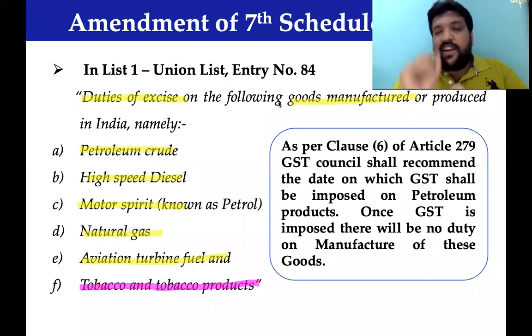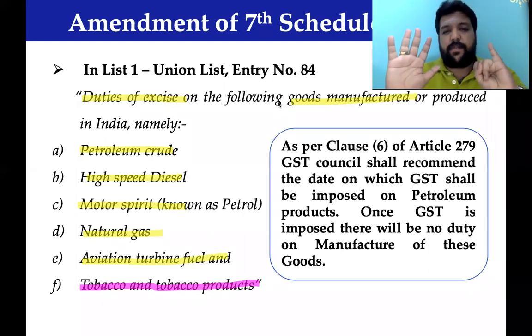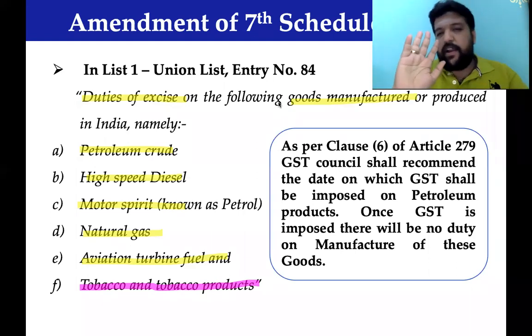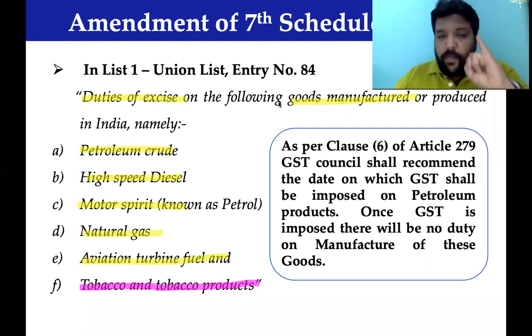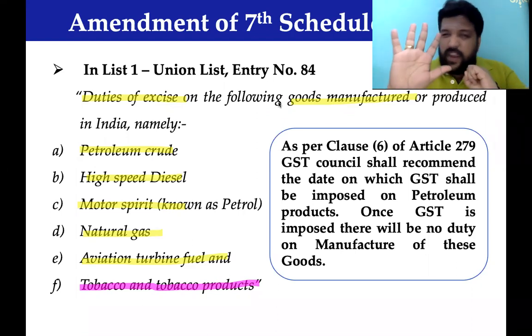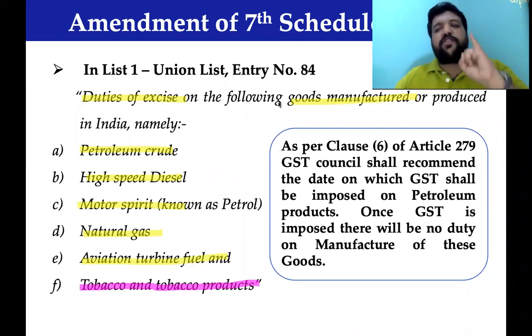That is why it is called central excise duty, only on six products: five petroleum products and tobacco products. Just five products of petroleum plus tobacco products. On these six products, you are liable to pay central excise.